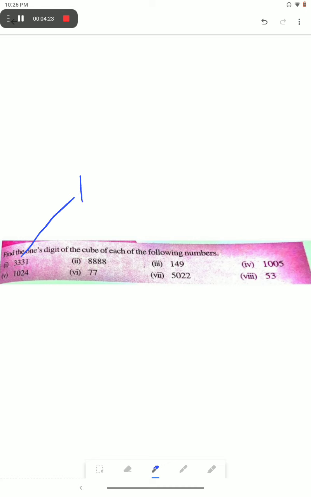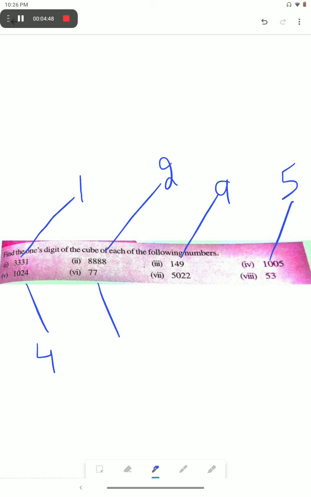If it contains 8 at its unit place, then its cube will contain what? 2 at its unit place. Yes. And if it has 9 at its unit place, its cube will contain what? 9 at its unit place. If it has 5, then 5. If it has 4 at its unit place, then its cube will contain 4 at its unit place. If it has 7 at its unit place, its cube will contain 3 at its unit place.